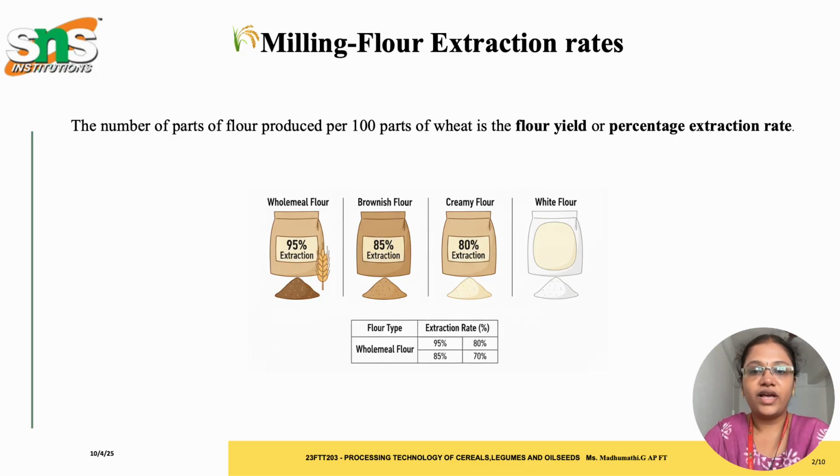Okay, next is the brownish flour, the creamy flour and the white flour. In brownish flour, a few parts of the bran or the aleurone layer that is present are removed, so that the extraction of the flour is slightly reduced by 10%, here the extraction rate is nearly 85%.